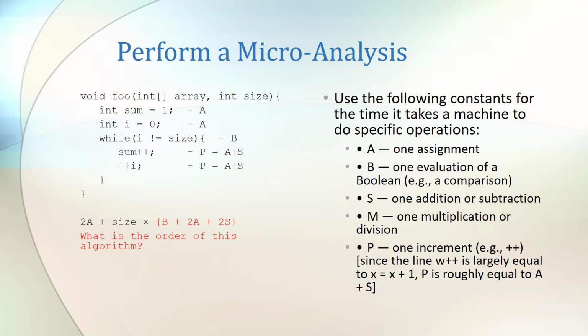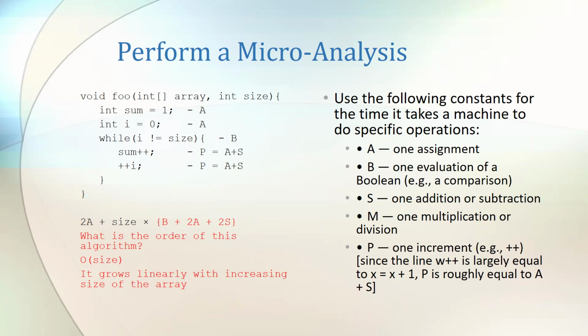Big O. Just n, the size. So if size is representative of n, then obviously it's size times some constant plus a constant, which is just order n. So in short, we could say that this thing grows linearly with increasing size of the array.